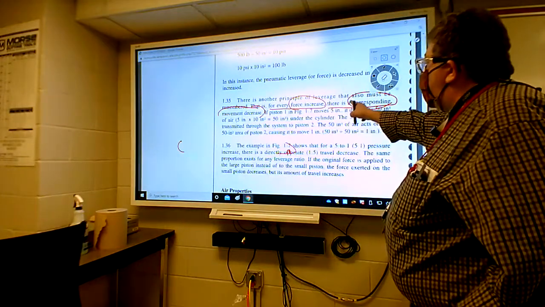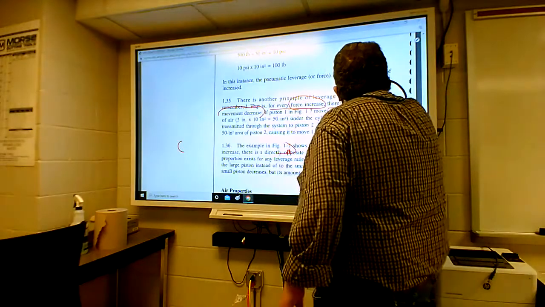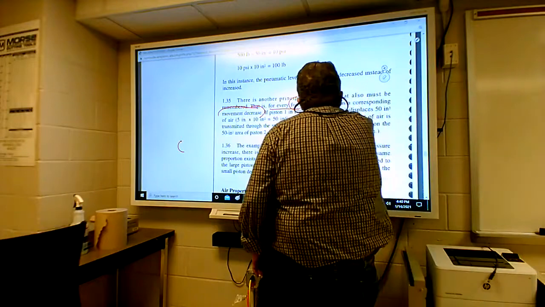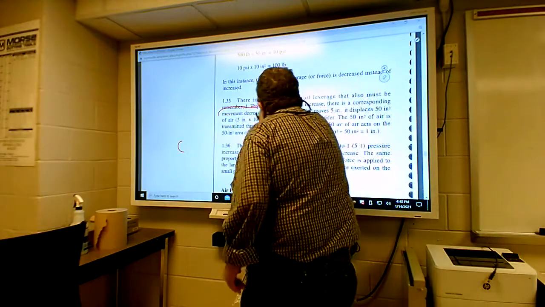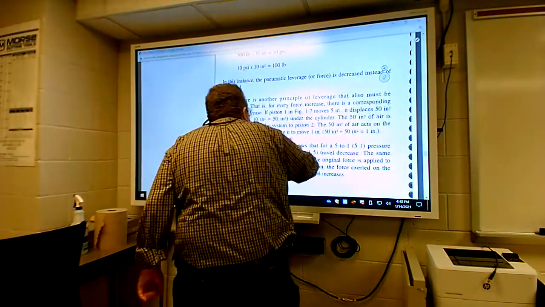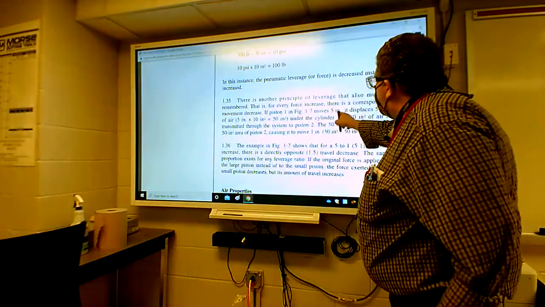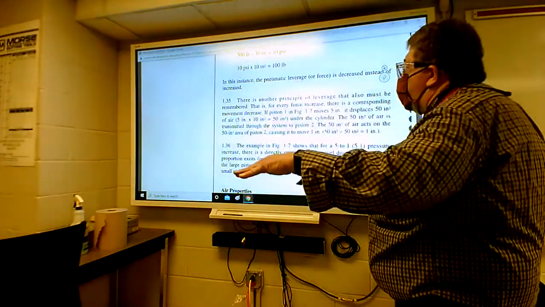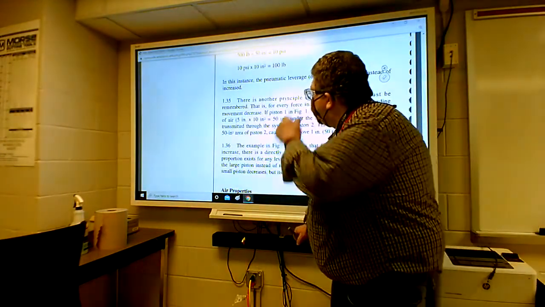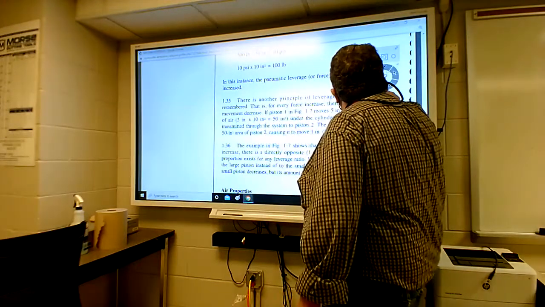If the piston moves 5 inches, it displaces 50 cubic inches of air. The first piston was 10 square inches, right?